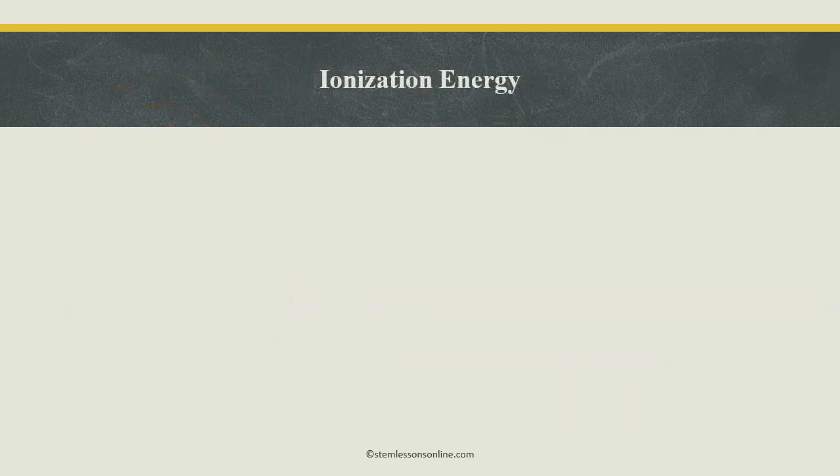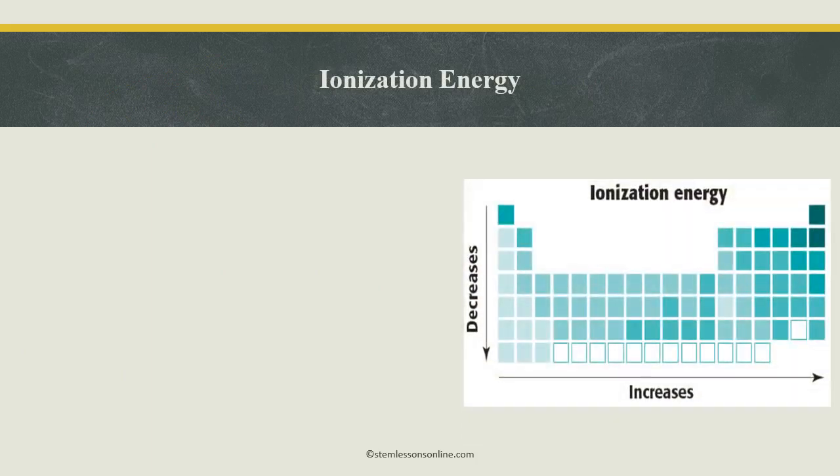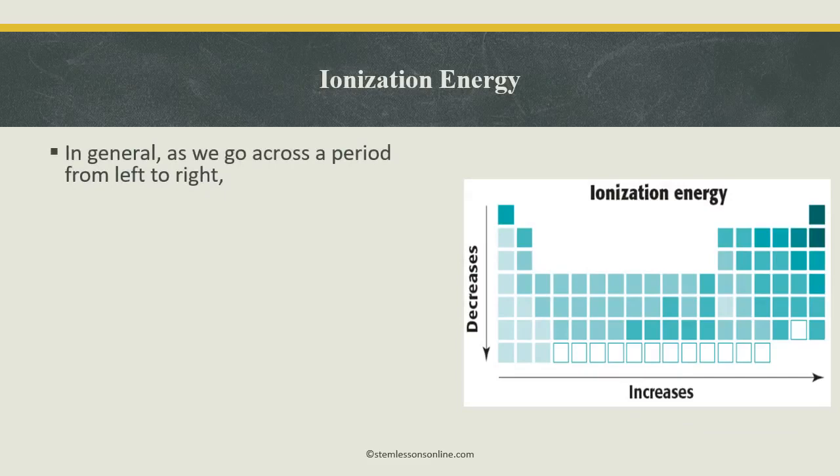So in general, as we go across a period from left to right, the first ionization energy increases. This is because the electrons are added in the same principal quantum level and the Coulombic attraction between the nucleus and outer electron increases, making it hard to remove the outer electron.